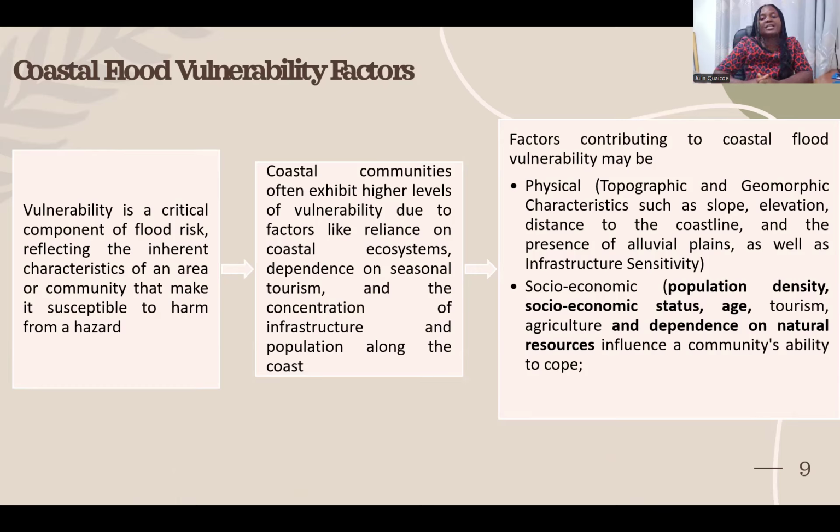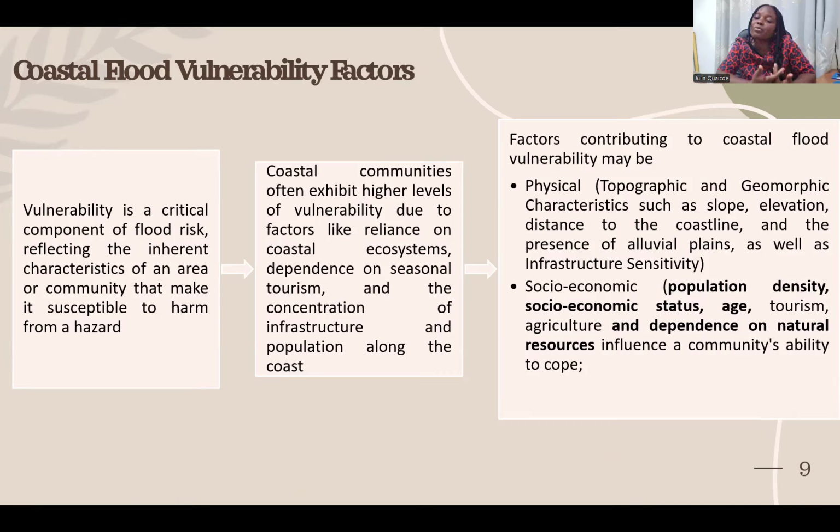Again, we can look at socio-economic factors as contributing to coastal flood vulnerability. With socio-economic factors, we are looking at characteristics of the population in terms of their status, their age, and even the population density itself. Again, we can also look at their source of livelihood.